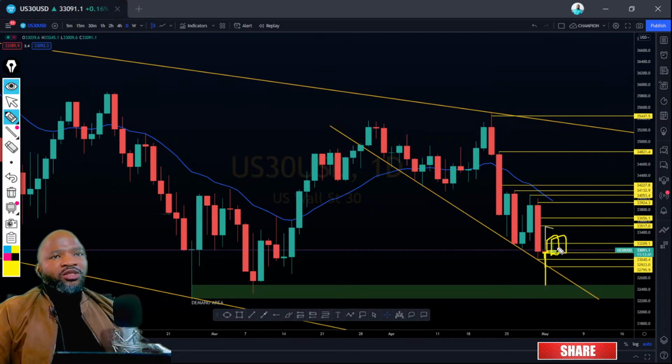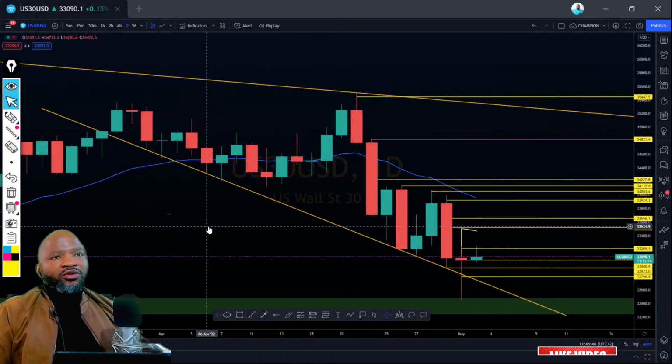As we could see, our price is pushing towards our 21 SMA, or maybe it could go this way, but we just have to wait and see if the price pushes towards our 21 SMA. We shouldn't rush things and place the buys. We just have to go and check the lower time frames.